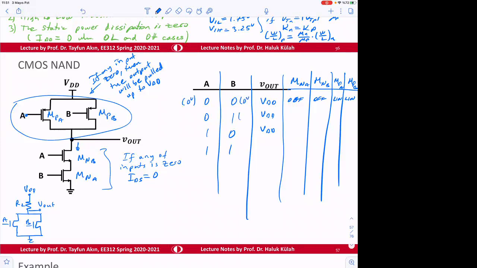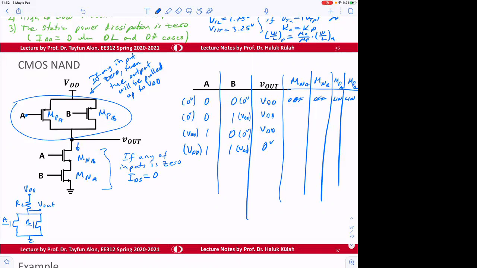Here is VDD, input voltage. Here is 0 volts. So logic-wise, it's 1. So this is 0 volt. This is VDD. So VDD as the input voltage. And this one is VDD. So if both of them are high, then the output is going to be low, 0 volts.